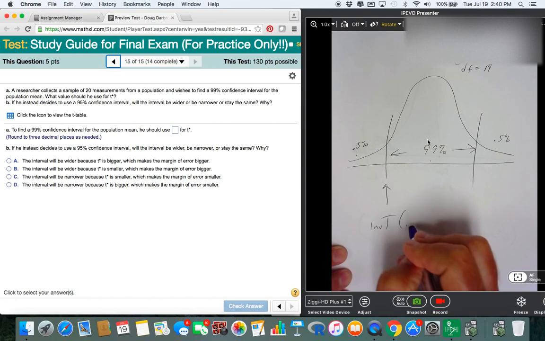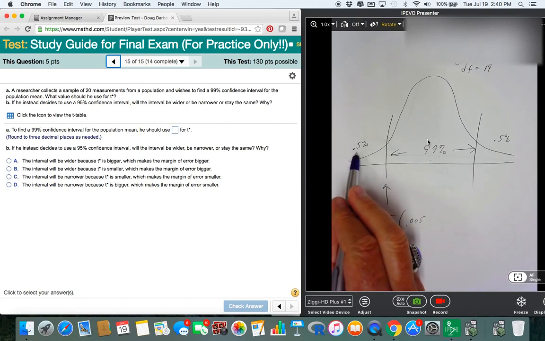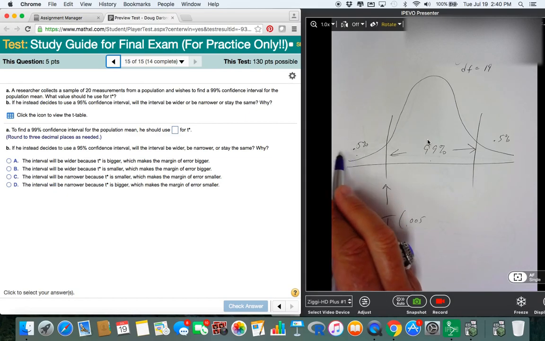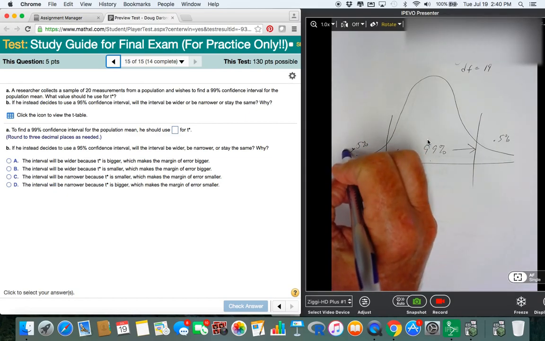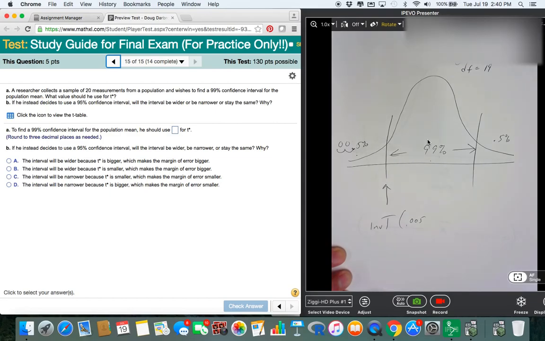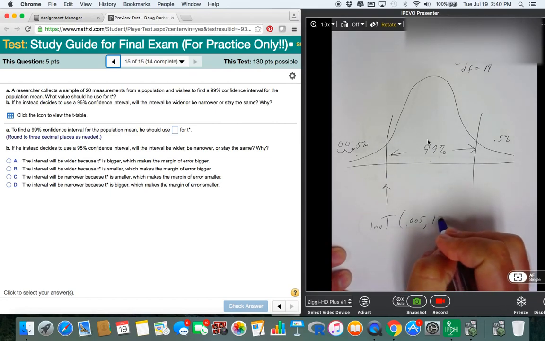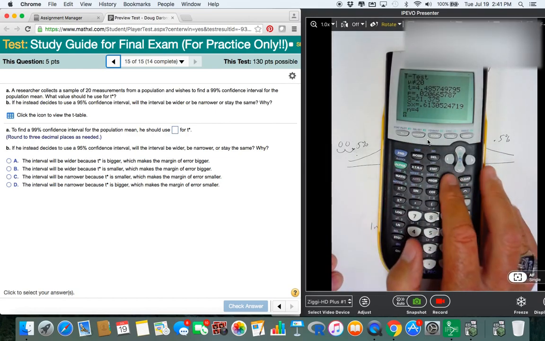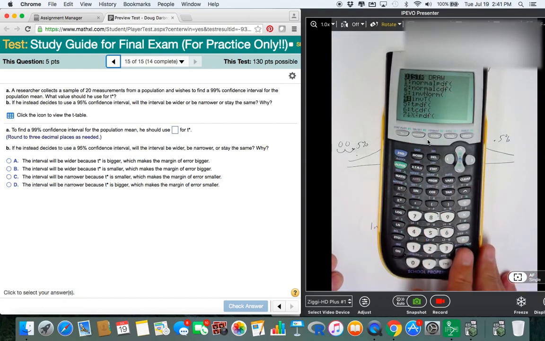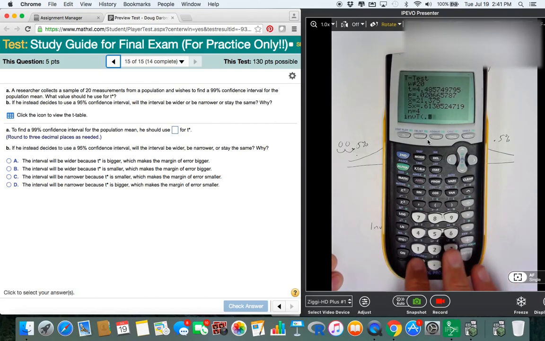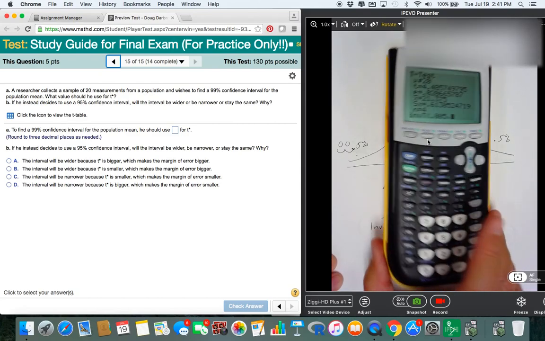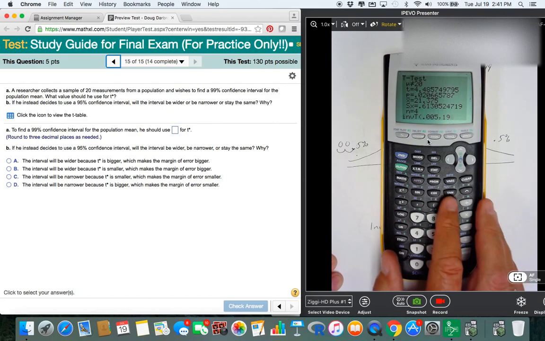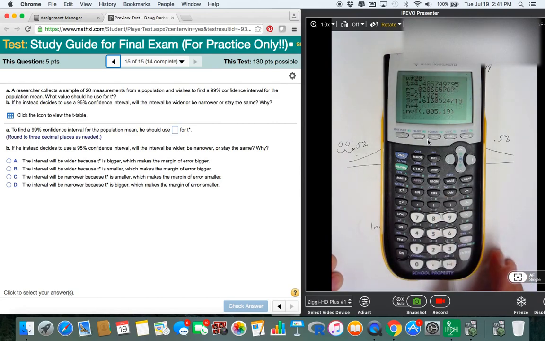So what am I going to do to find this? Inverse t, 0.005, because when I change the percentage into a decimal, I move my decimal place over 2 places. And degrees of freedom, 19. So guys, this is a very, very, very easy problem with technology. What is degrees of freedom? 19. Wouldn't be so easy if we didn't have technology.